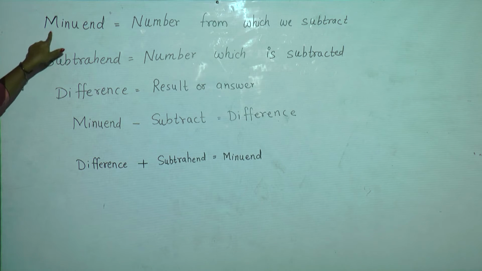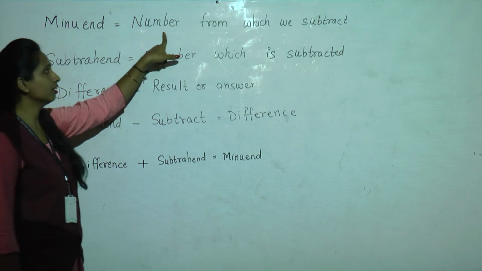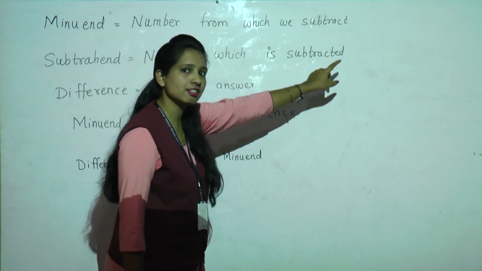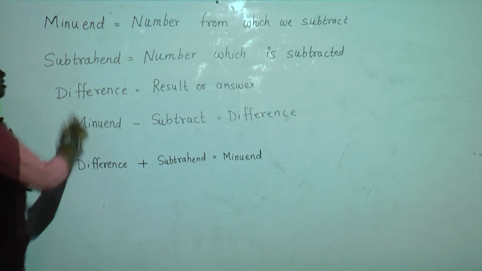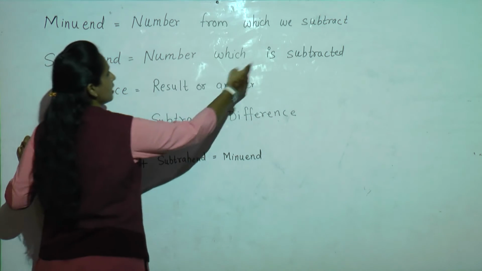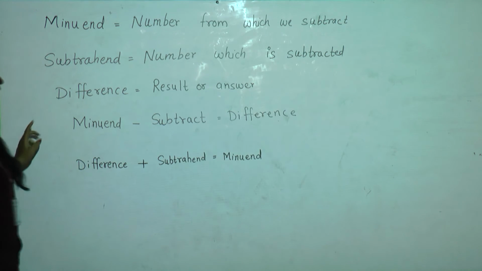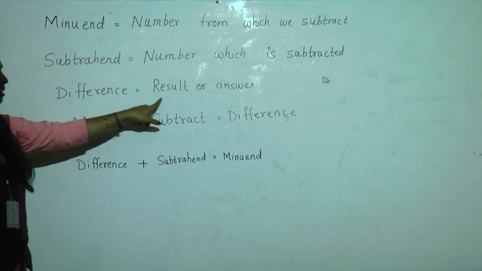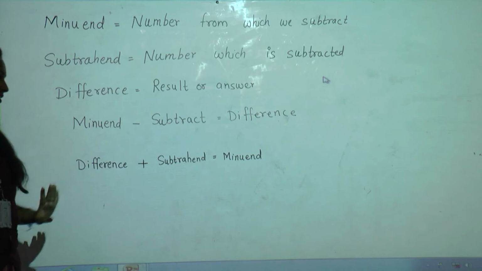Minuend. Minuend means the number from which we subtract. The next is subtrahend. What is meant by subtrahend? The number which is subtracted. And the difference means the result or answer.